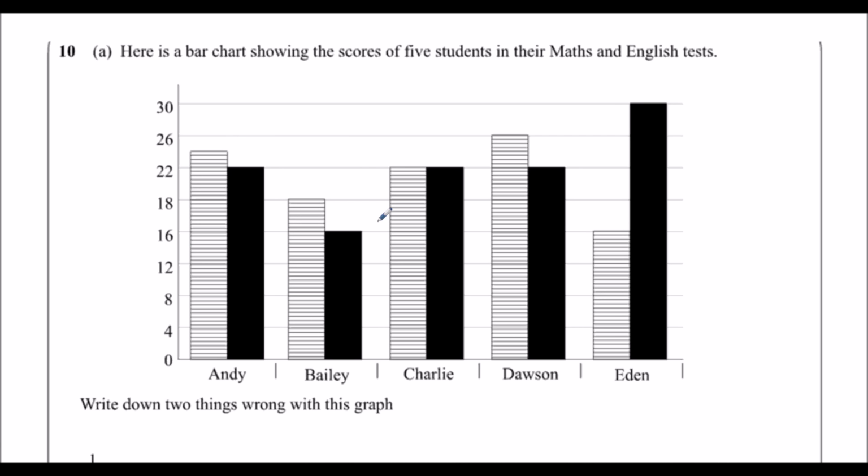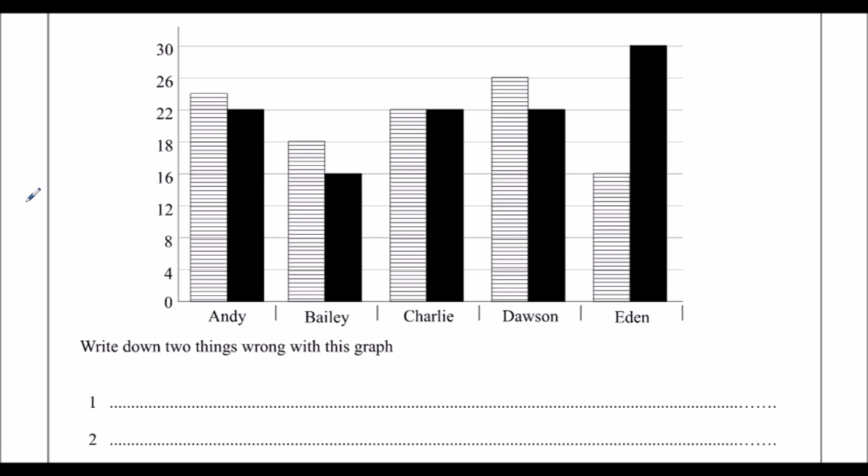Question 10. Here is a bar chart showing the scores of 5 students in their maths and English tests. Write down 2 things wrong with this graph. So if we look at this vertical scale here, it's got no label on it, so it doesn't say what it represents. So no label on vertical axis.